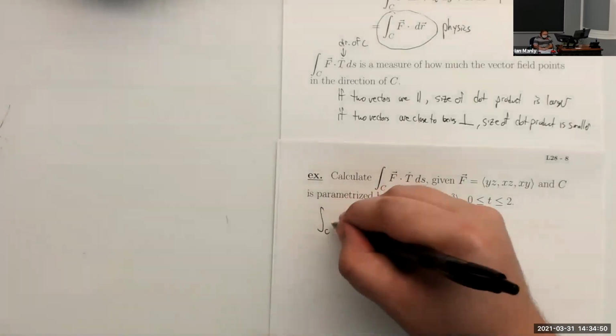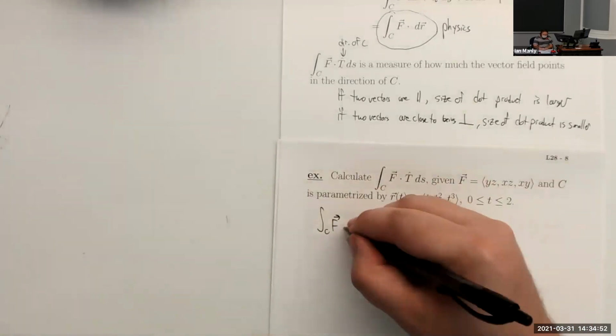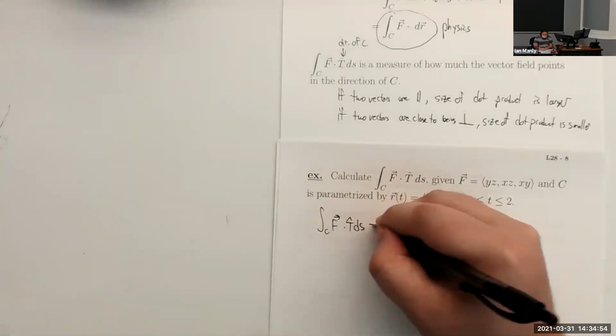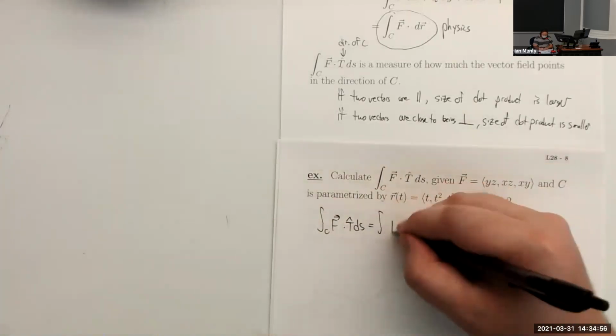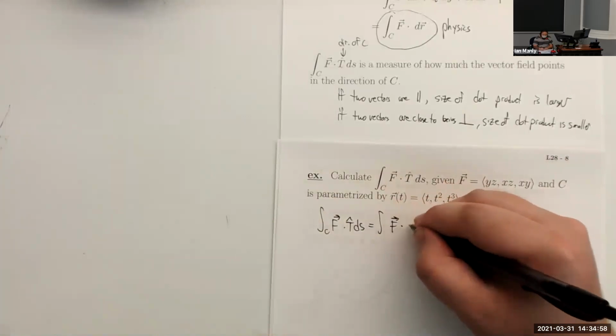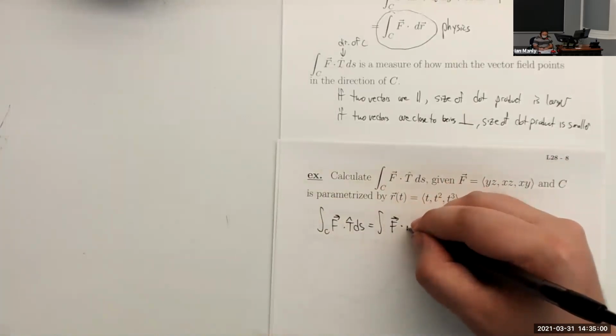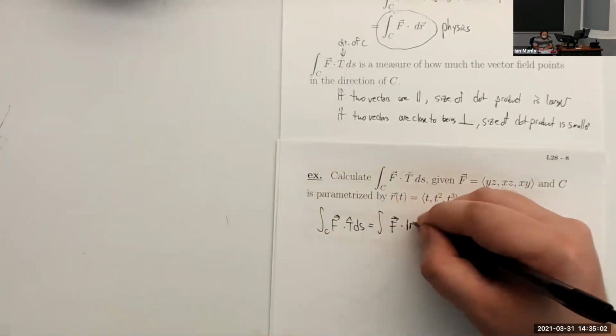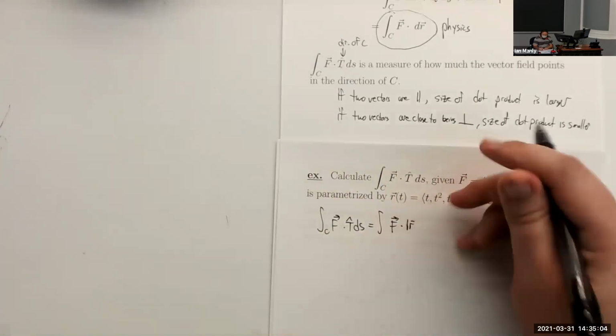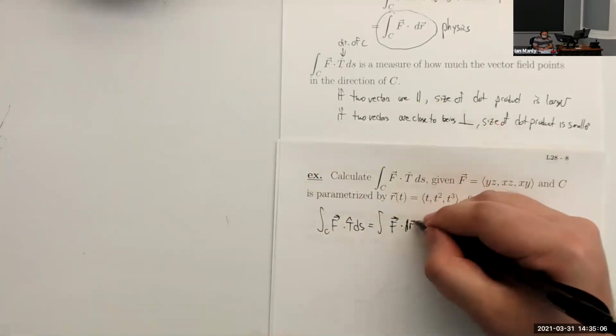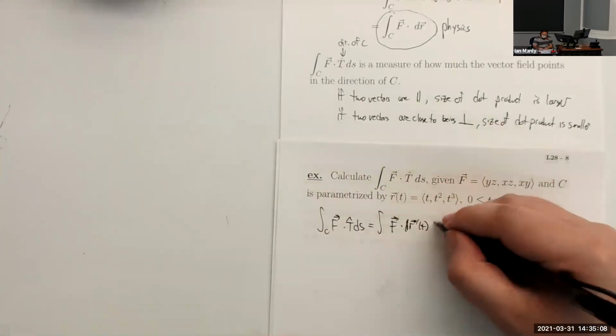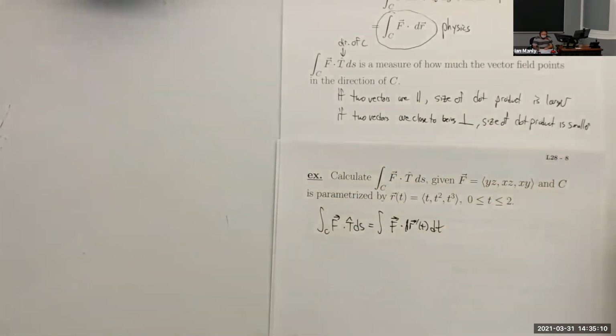Probably the most common form of our line integral that we're going to see for vector line integrals will be this: f dot r prime dt right here. And this will go from 0 to 2, like that.